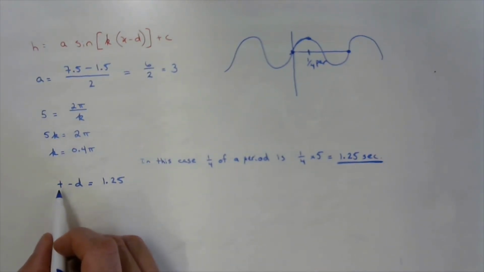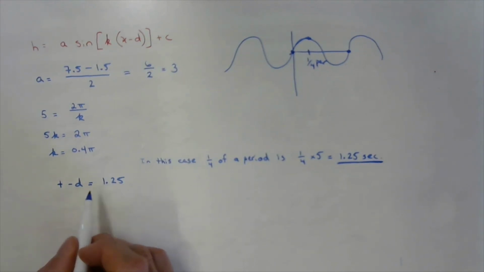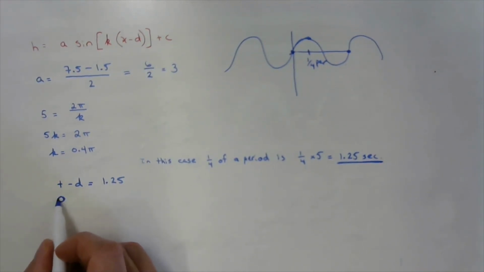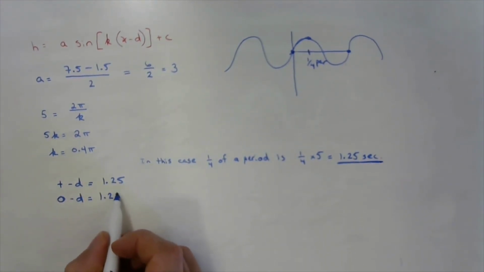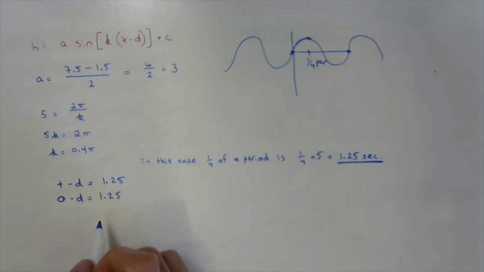The start time that we are interested in, we want this to occur at 0. Okay? So now if we set that, then calculating this out is going to tell us exactly how far we need to move this thing in which direction. 0 minus d is negative d. If negative d is 1.25, then d equals negative 1.25.